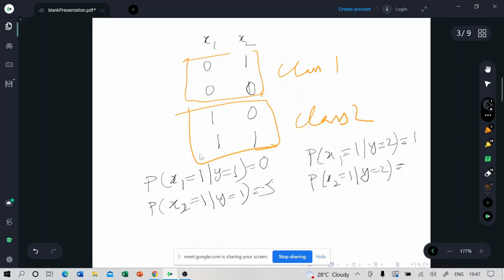Yes, sir. Okay. And what will be the value of this probability? This is half, we know. And probability of x1 is equal to 1 given y is equal to 1 is 0. So it's 0.